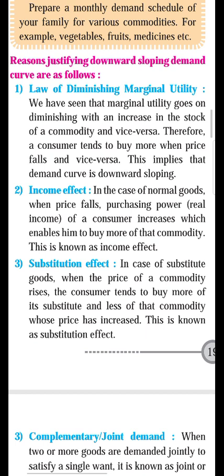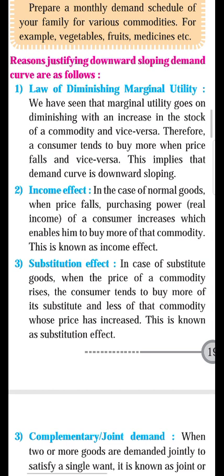Okay, number 1, we will see one by one. Number 1, the law of diminishing marginal utility. What is the law of DMU? We have seen it already in the second chapter. The law says that as a consumer consumes the commodity, his MU goes on diminishing.